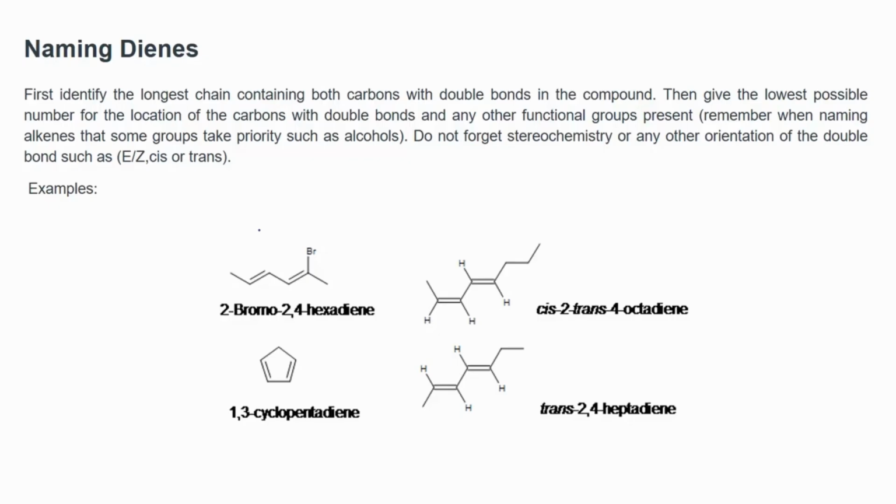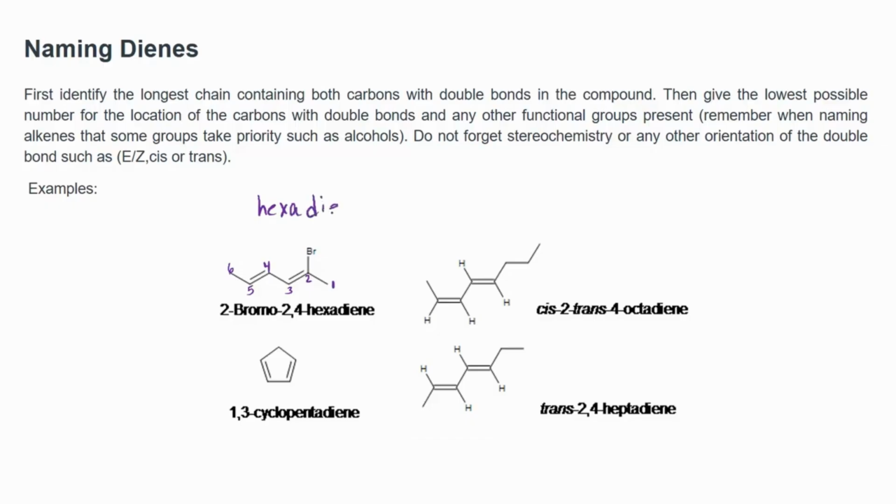Like naming our alkenes or our alkanes, we have to find the longest continuous carbon chain that contains the functional group. So in this example, we would have a hexane if this was an alkane, but it's not. Not only do we have one pi bond, we have two, so we use the suffix diene.